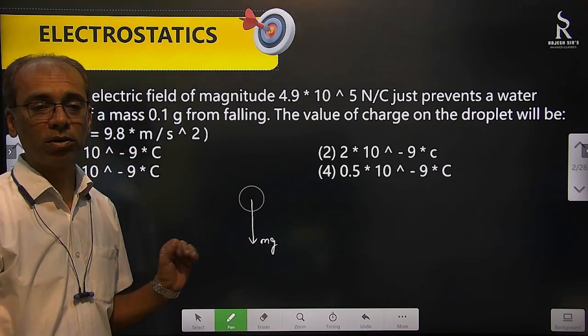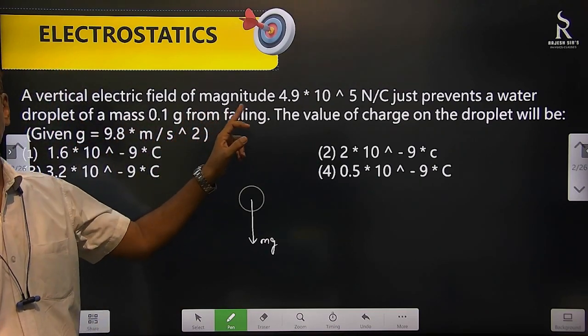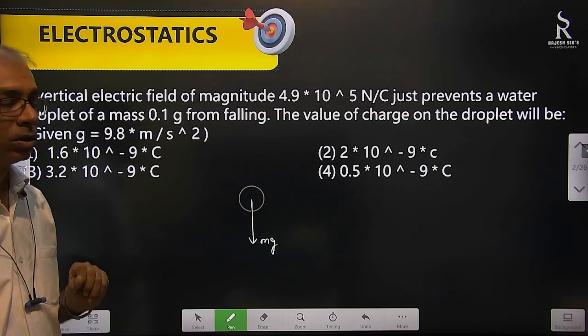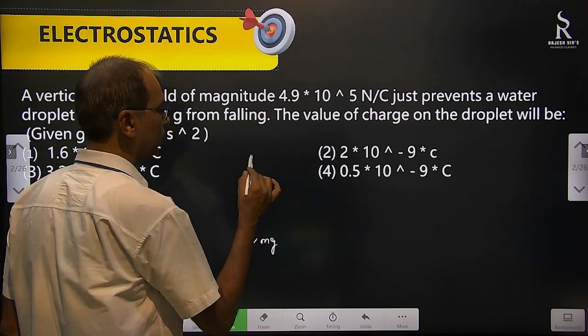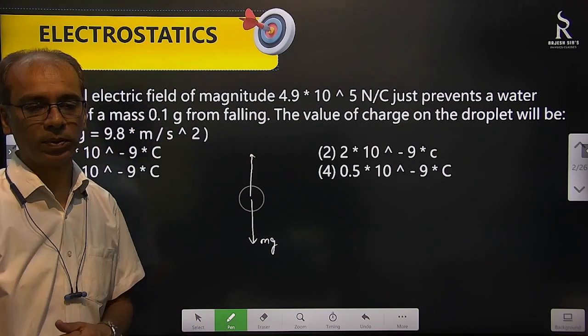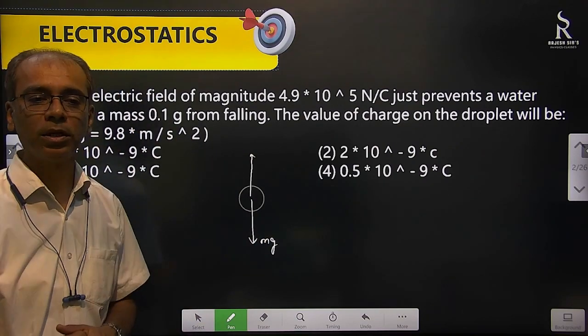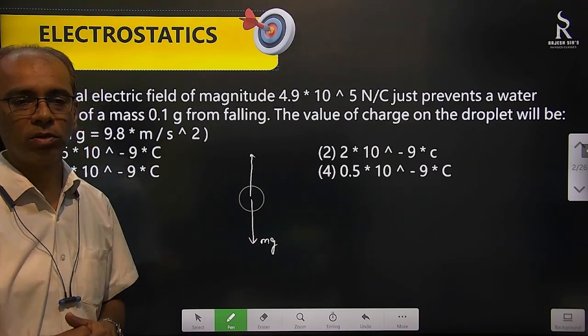But the question says it's not coming down because of the vertical electric field of this magnitude. So that means because of the electric field, there is definitely a force acting on it upwards, which is equal to mg. That's why this drop is not coming down. The question is asking how much is the charge on this droplet.